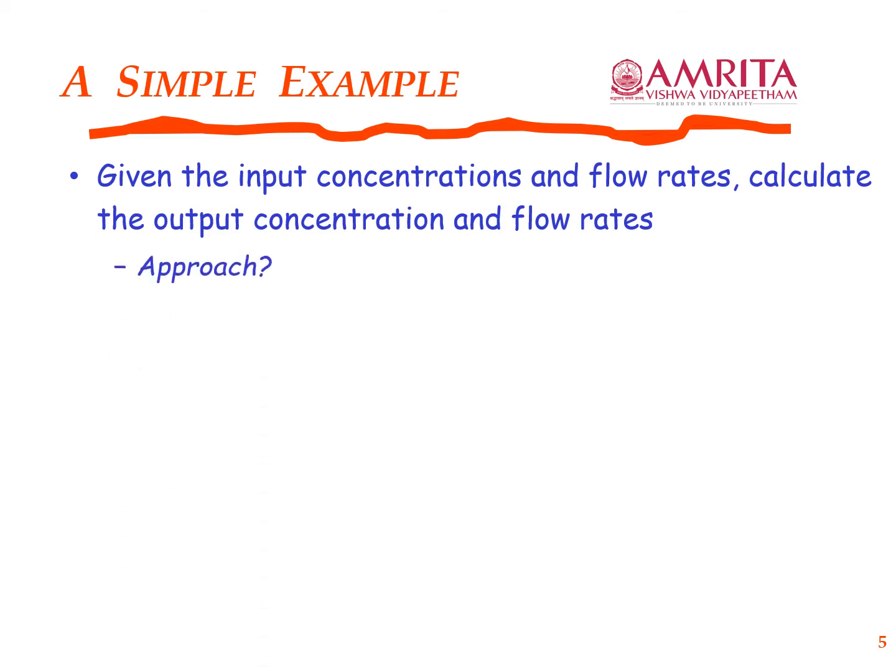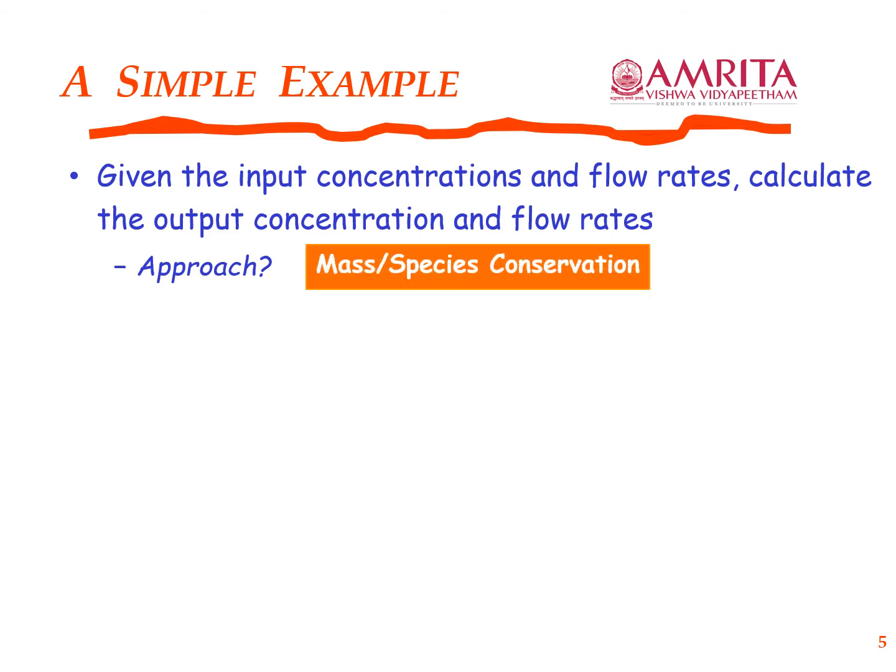What would be the approach? The approach would be to write the conservation equation, the overall mass conservation or the individual species conservation, and that will give you the output flow rate and the output concentrations.